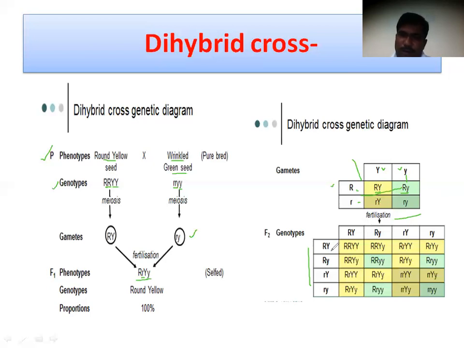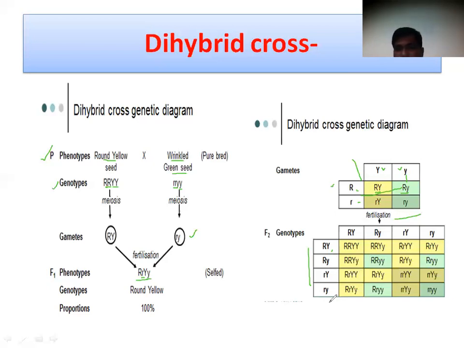So capital R, capital Y, capital R, small y, small r, capital Y, small r, small y. These are the different gametes we write in the checkerboard, and by using the checkerboard we find the F2 generation.